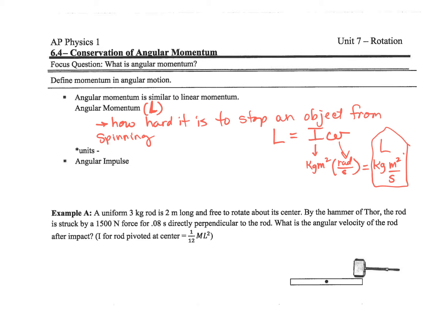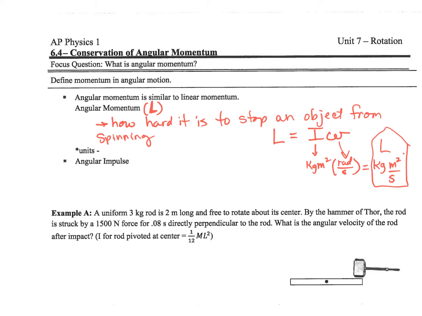Now, angular impulse. Do you remember what we said impulse was for linear motion? By definition, what is it? For a very small period of time, it's a force that acts over, it's change in what? That's what I wanted. It is change in linear momentum, isn't it? I for impulse was equal to change in linear momentum.